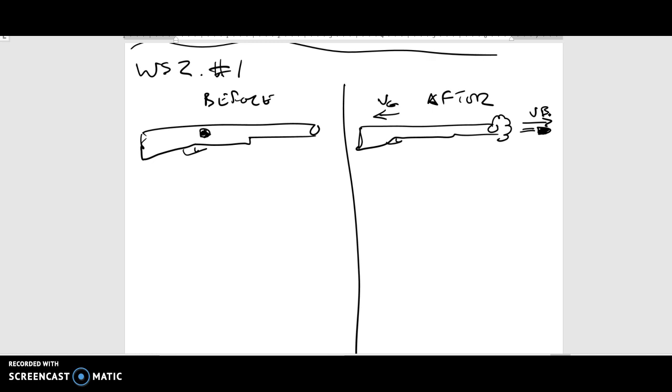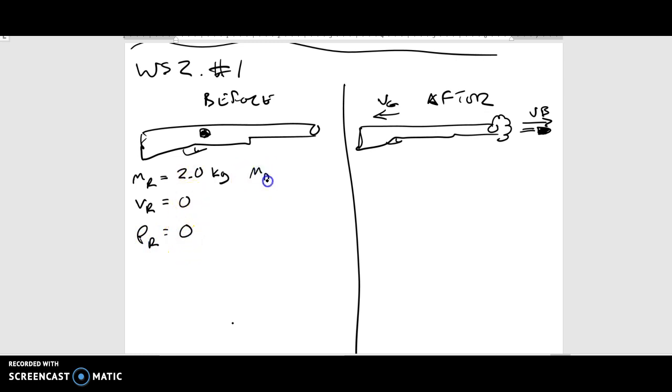Let's talk about writing down what we know. We know the mass of the rifle equals 2.0 kilograms. That's about 4.5, 5 pounds. We know the velocity of the rifle equals what? 0. It's not moving. So hey, do we know the momentum of the rifle? Sure, it's 0 because 2 times 0 is 0.